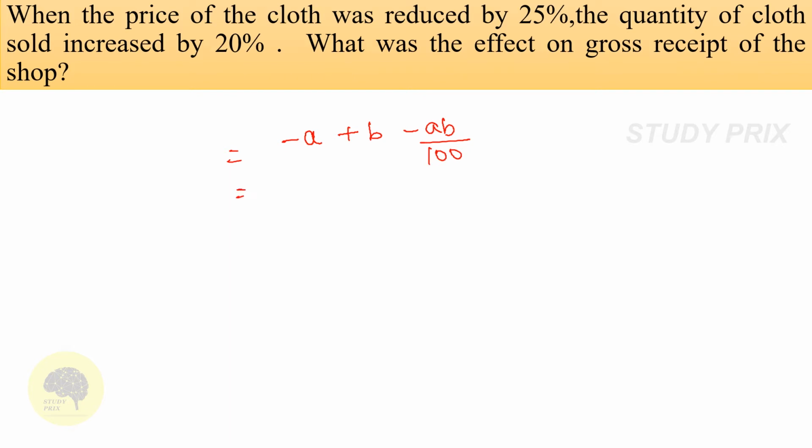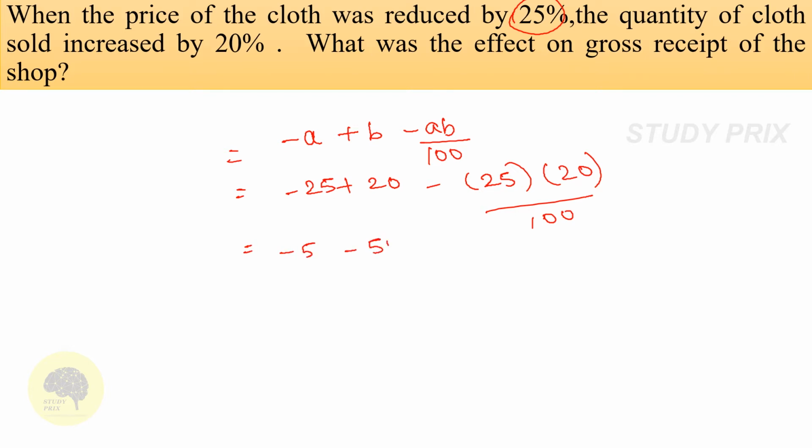Here a is 25, therefore minus 25, and b is 20, minus 25 into 20 divided by 100. So minus 25 plus 20, minus 5, minus 500 divided by 100, minus 5. Therefore we get minus 10%, a 10% decrease in the total receipt of the shop.